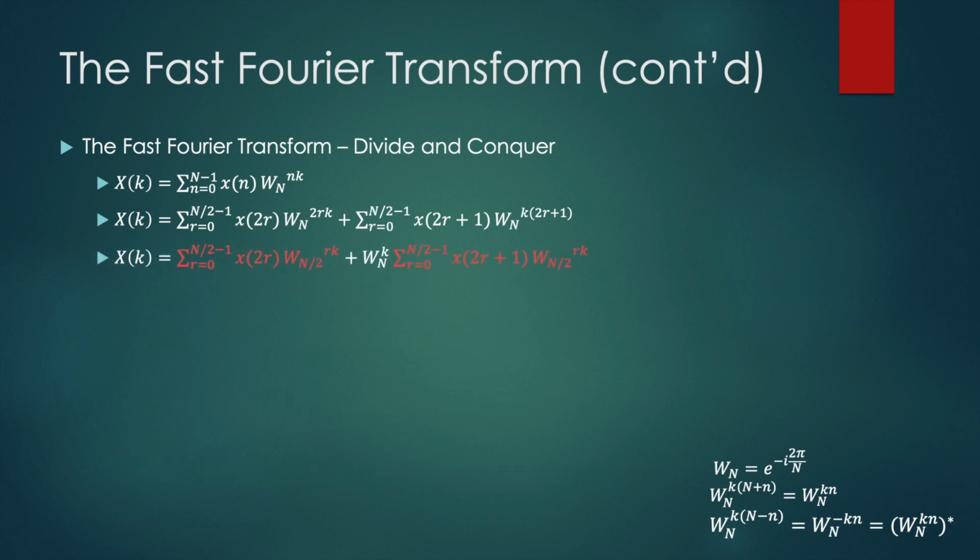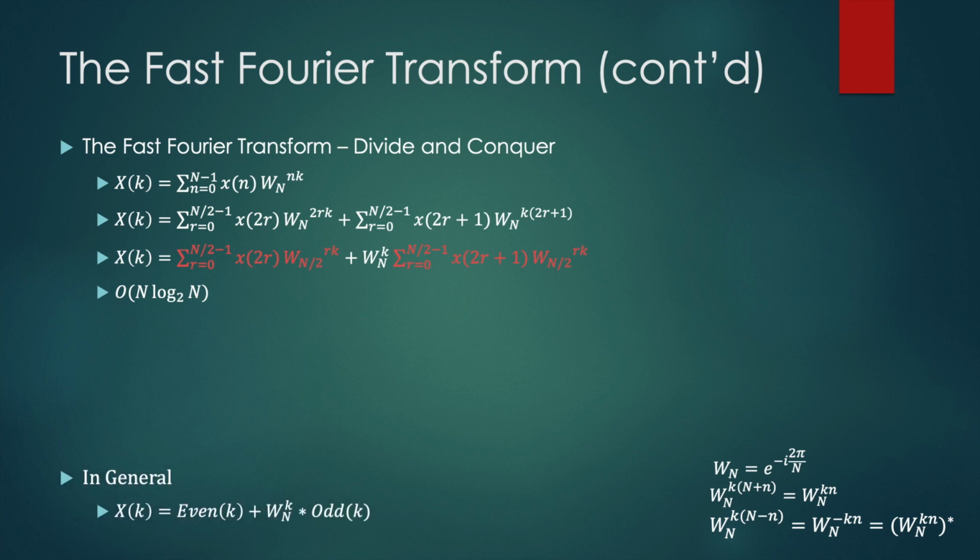Similarly, we can do the same by factoring out Wn to the k from the odd summation. And now we have two DFTs of half the size, and we can continue this pattern over and over again, log base 2 of N times, and that's going to give us a time complexity of N log base 2 of N. You just have to think we have log 2 N splitting stages, and at each stage you have to do N multiplies.